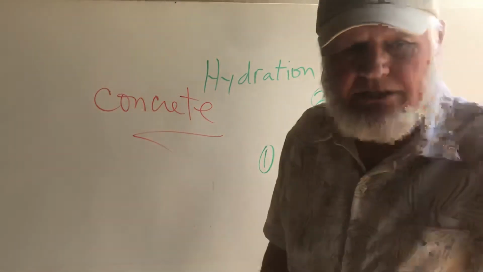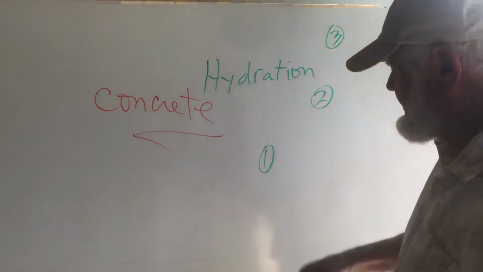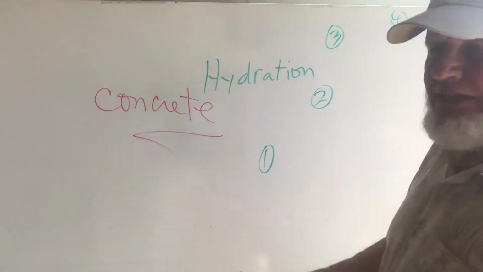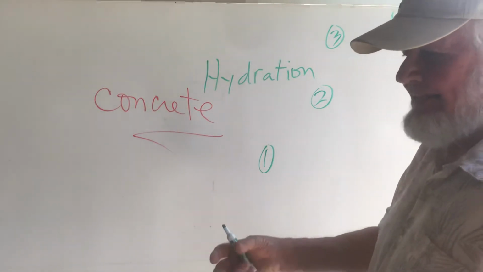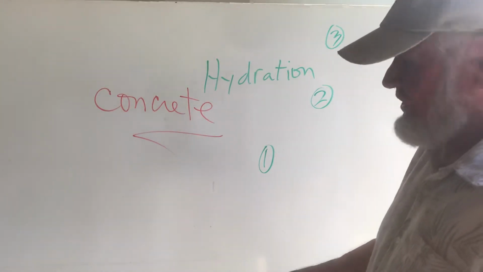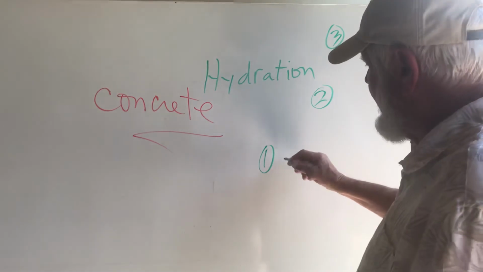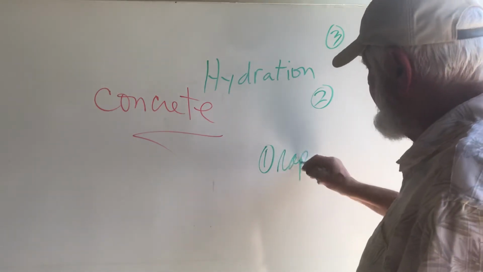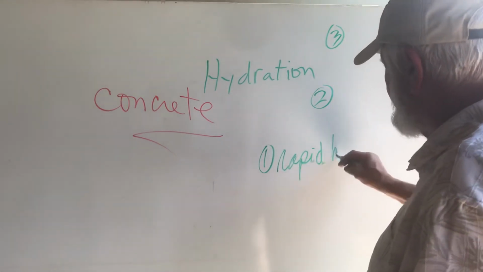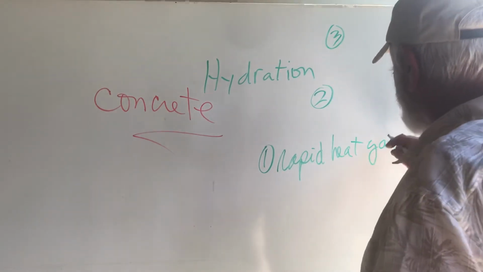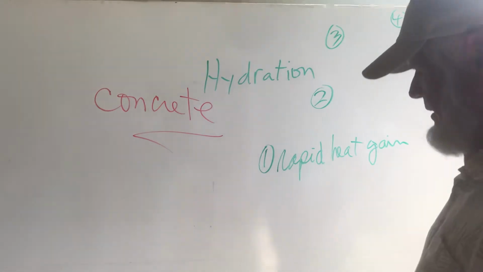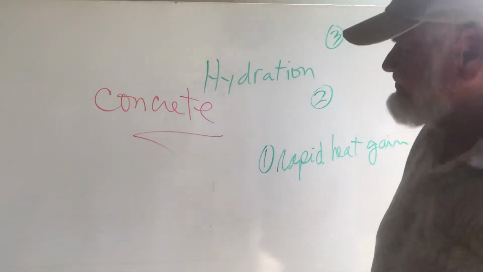Now, let's talk about this first stage of hydration. When Portland cement and water touch, we have what we call a rapid heat gain. The chemistry is really working hard.